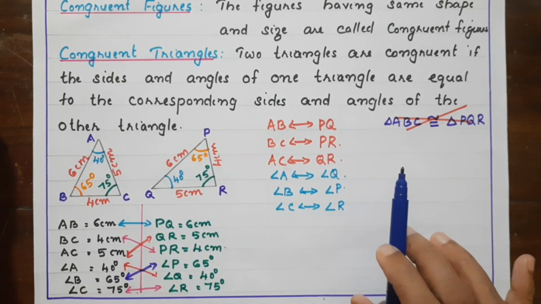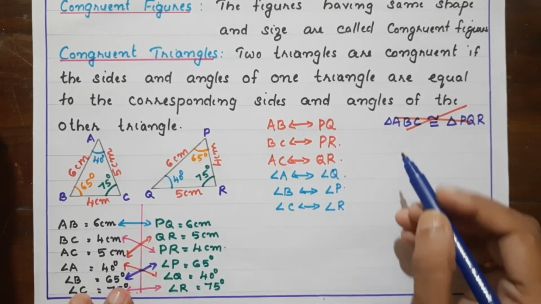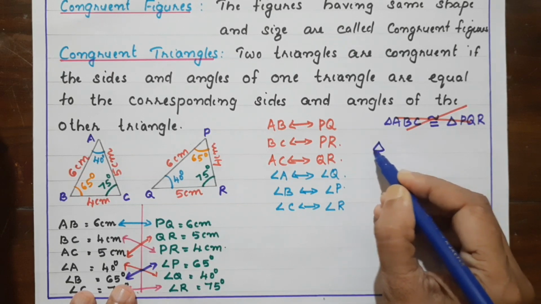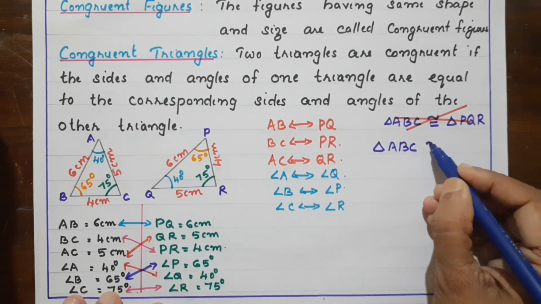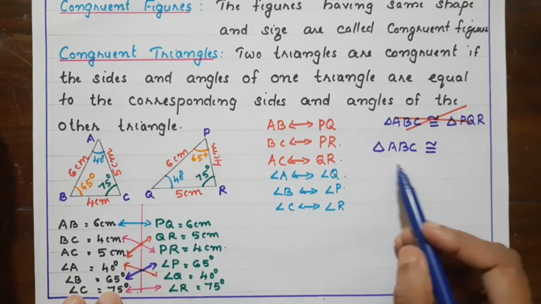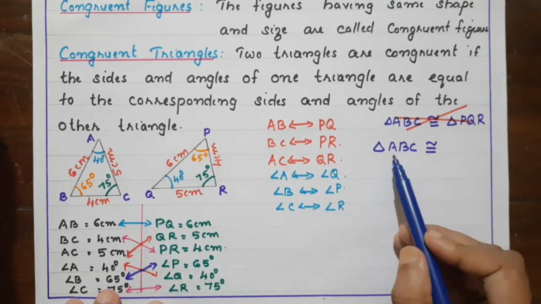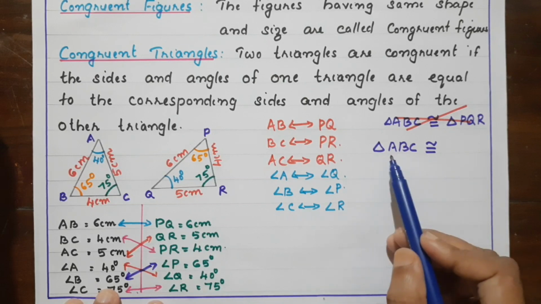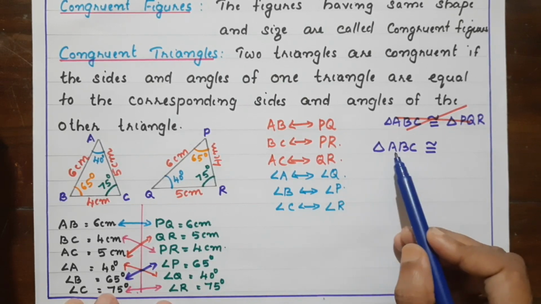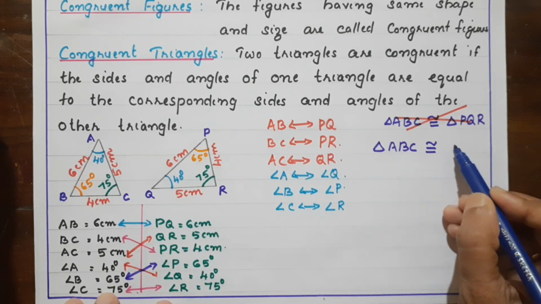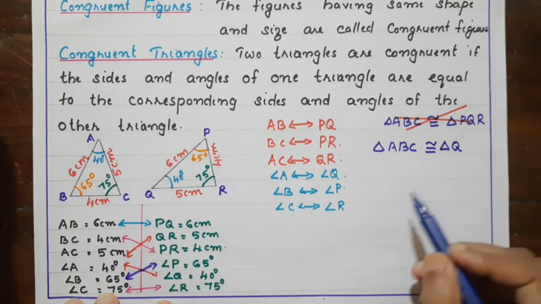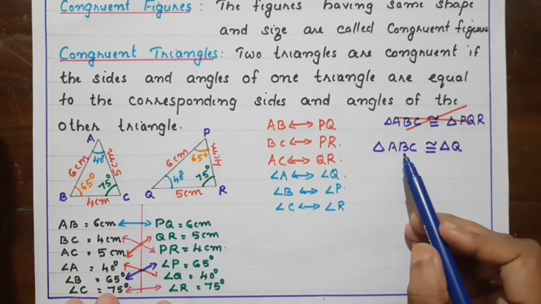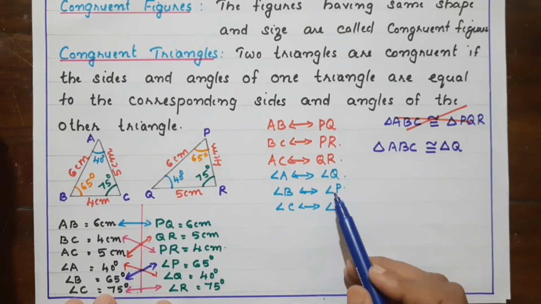Okay. So how can we write that congruency using the symbol? If we are writing triangle ABC, the first triangle, in this order, you have to check the corresponding angles of each one. What is the corresponding angle of A? Q. So if you are writing A first, here also we have to write Q. Then which angle corresponds to angle B?